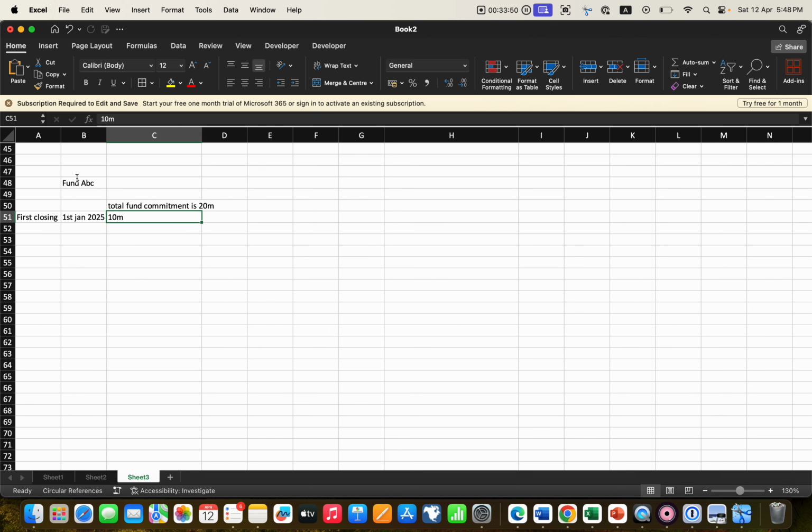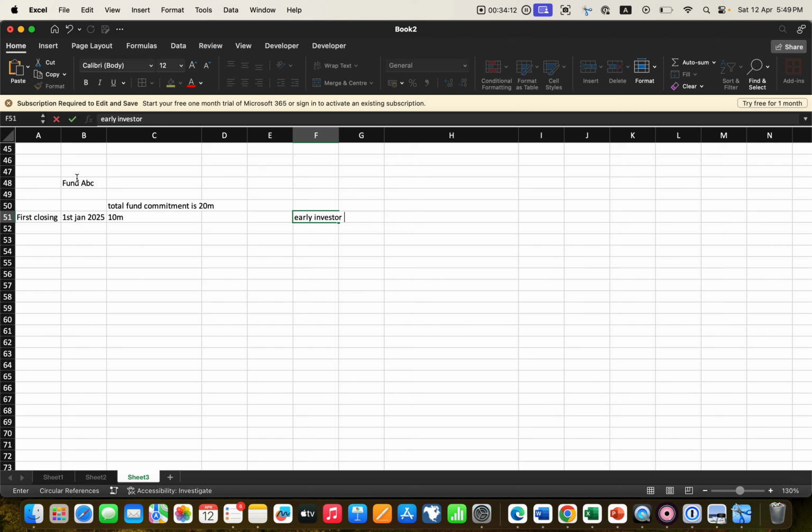So this is how it works. For example, this is a case of an early investor who came early in this fund.